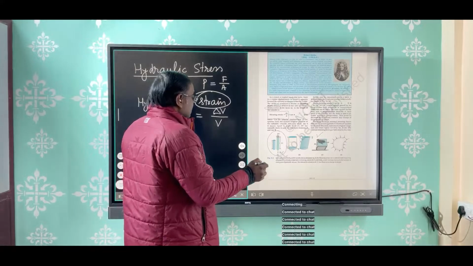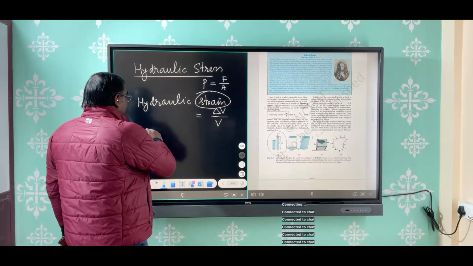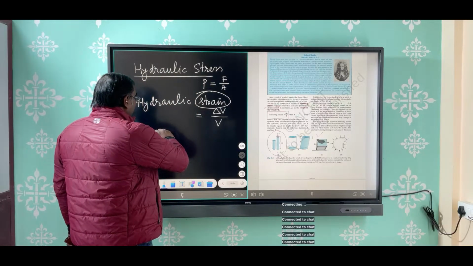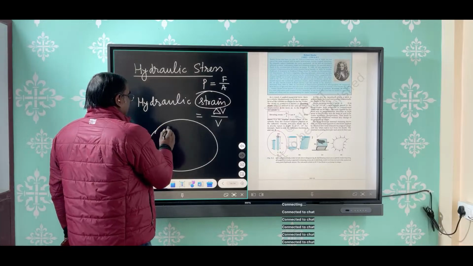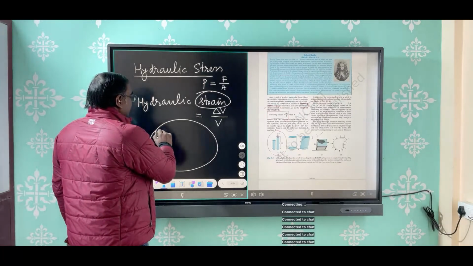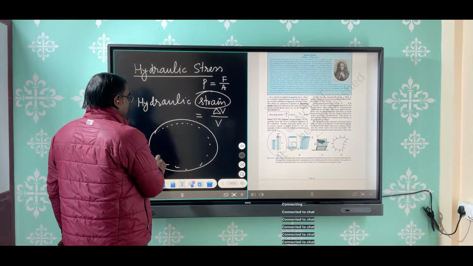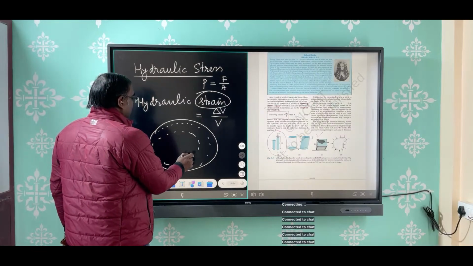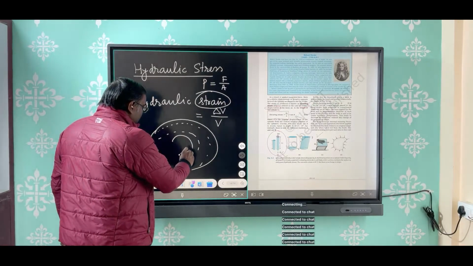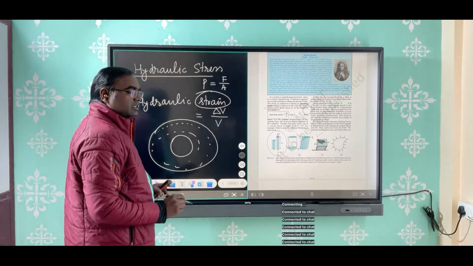So see, if there is a pond filled with the liquid, that is water, and there is a ball inside this.